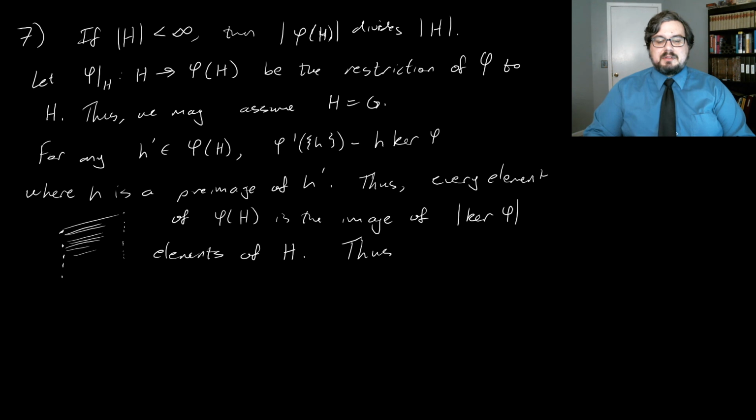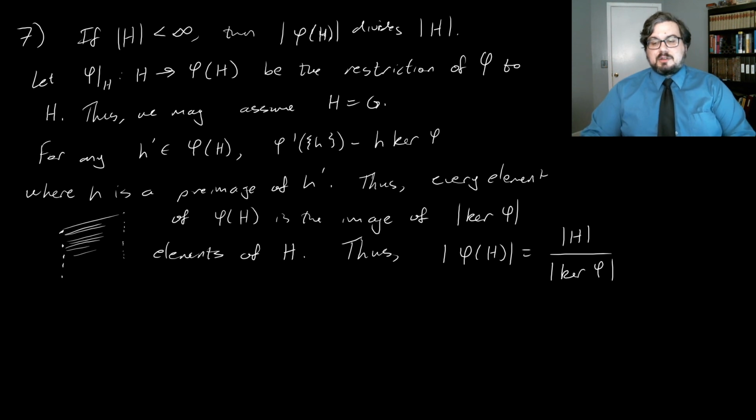And so thus we have that the order of phi of H is equal to the order of H divided by the order of the kernel, which gives us what we want. That means that the order of phi of H divides the order of H. All right, so that finishes that off. Sorry for that little hiccup at the end.